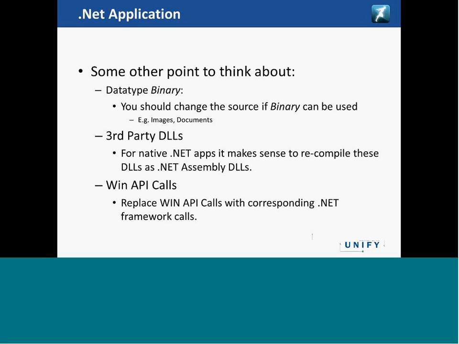You can include this APL inside the Team Developer source, and now you can replace the function call from Win32 with the .NET call. Same for the third-party DLLs. Have them as a DLL, then use the .NET Explorer to look into this DLL and create the APL, the wrapper, to call this code directly inside your application. That's pretty simple to use and to implement.